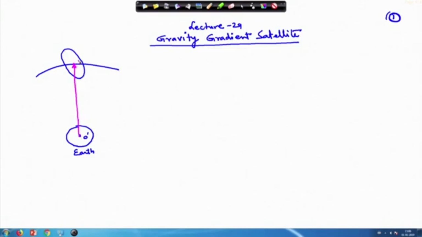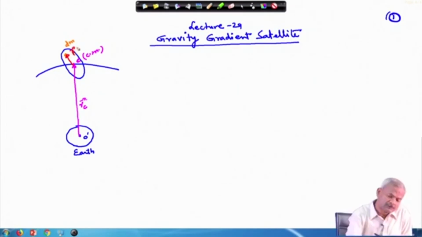This we have indicated by C, the center of mass, and this we denoted by R C. And then we took any mass in this body, which is the satellite here in this case. Let us say this is the mass delta m or d m, and the radius vector to this point from here to here is rho.